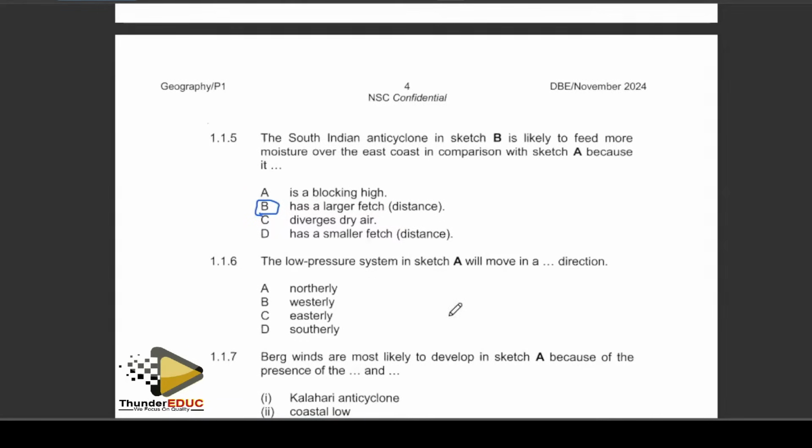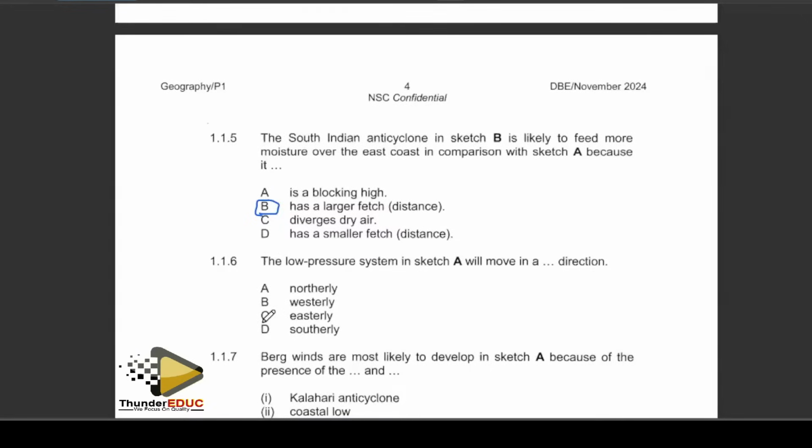The low pressure system in sketch A will move in a dash direction. Low pressure system in sketch A will move. The low pressure, we said it's a coastal low, and we have talked about the coastal low. We don't need to waste time. We said the coastal low, they do move from the west going to the east and along the coastal region.